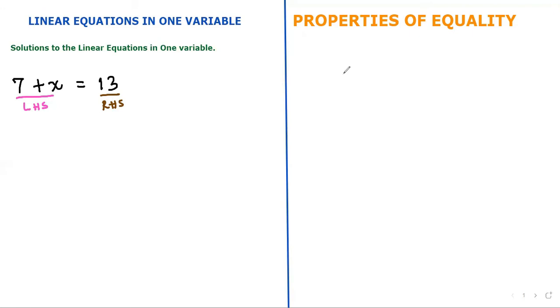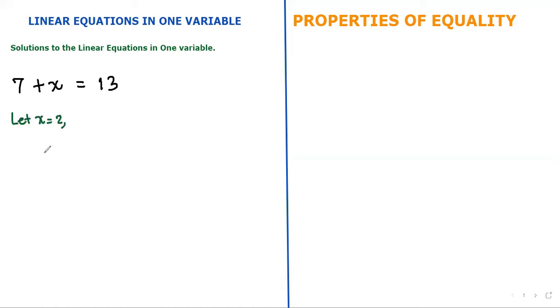So we said that any number that we can write instead of x, and it makes the left-hand side equal to the right-hand side, we call that number a solution to this linear equation. Okay? For instance, let x be 2.